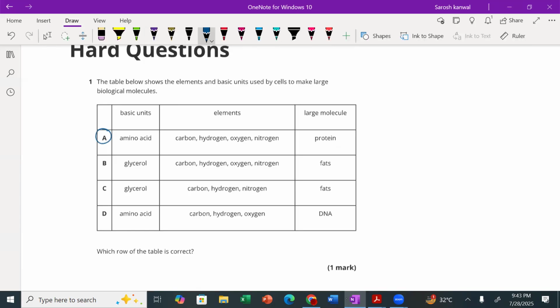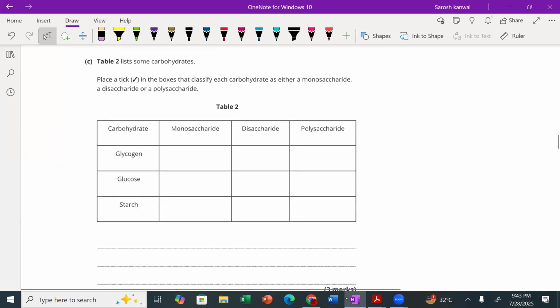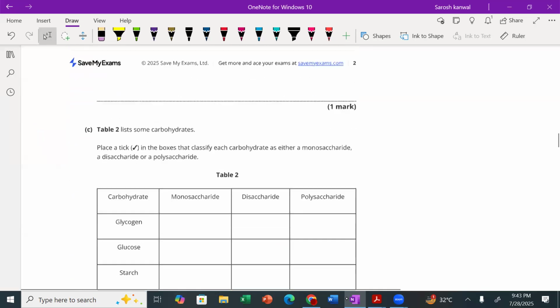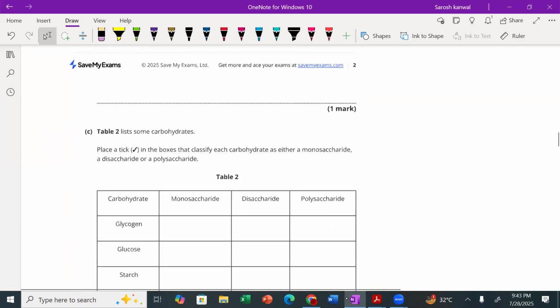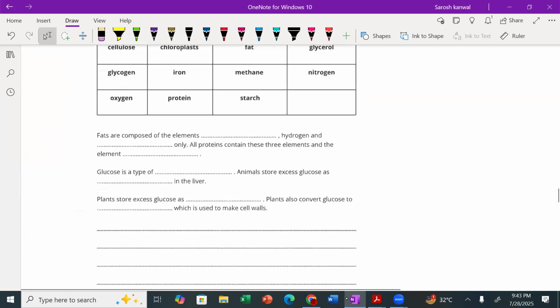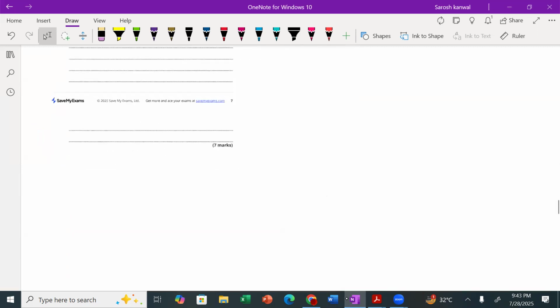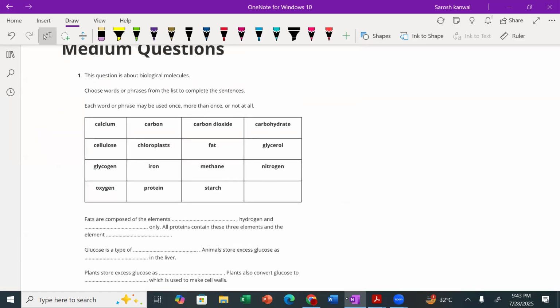Now the next question is for Laiba. This question is about biological molecules. Choose words or phrases from the list to complete the sentences.